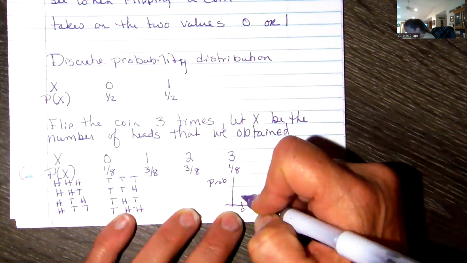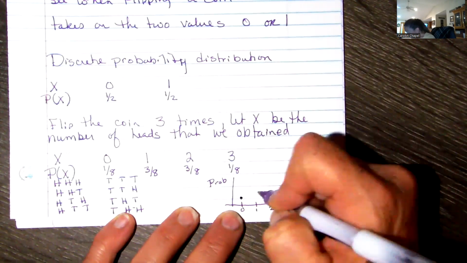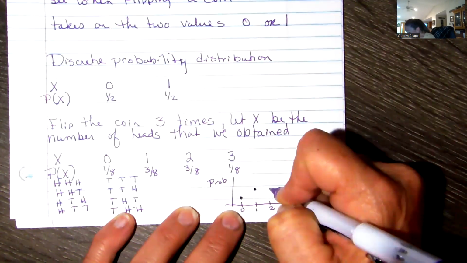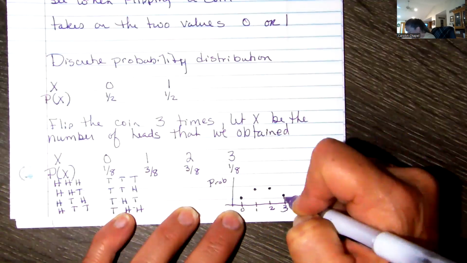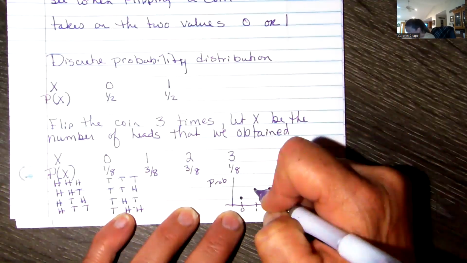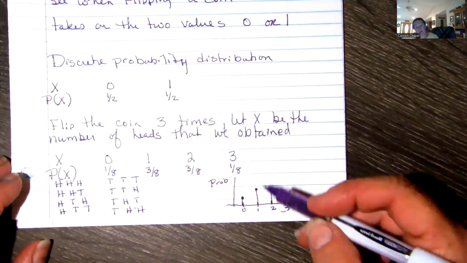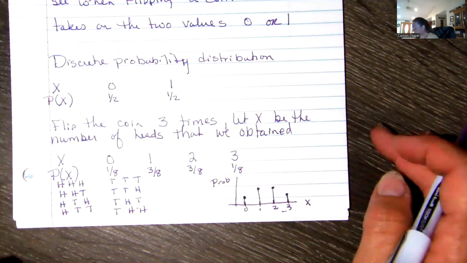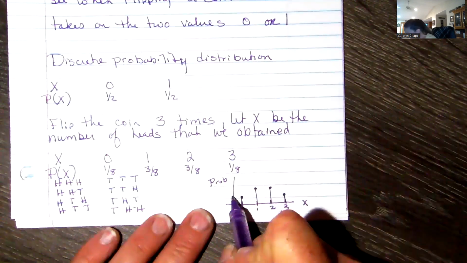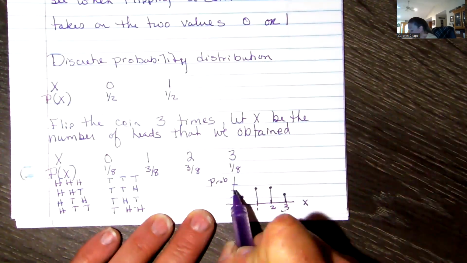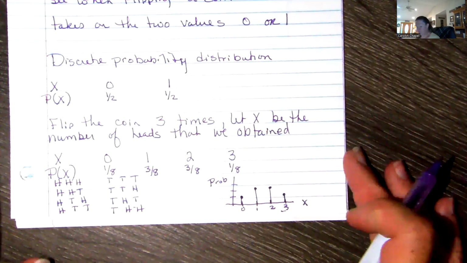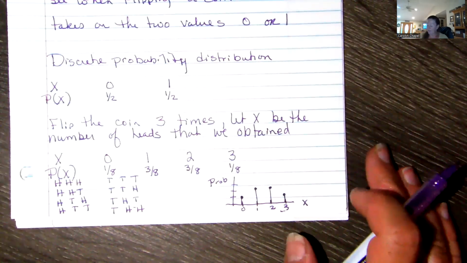Then you'd have either bars or just lines, so like a dot plot almost, or sometimes I've seen bars filling those in. So very simple graphs. Again, it does need a title to make sure your graphs are complete: titles, labels, and scales. So I should have probably had 1/8, 2/8, and 3/8 up there. So you can kind of see that.